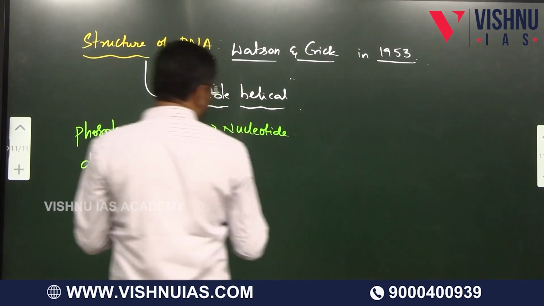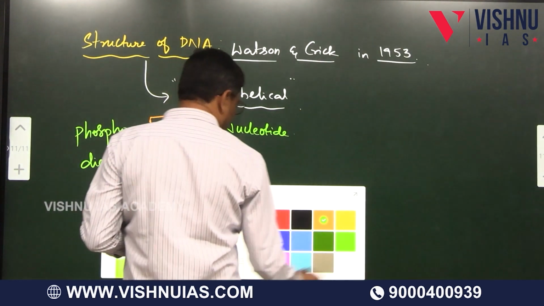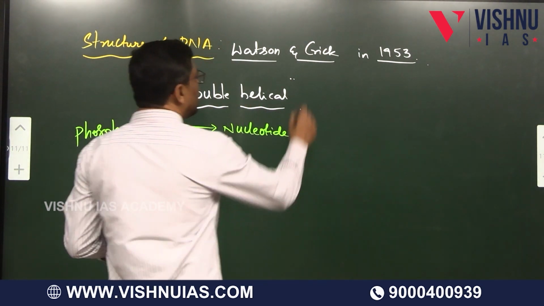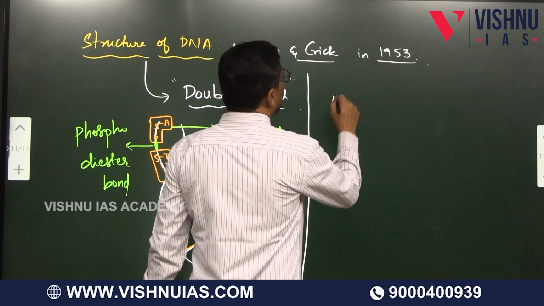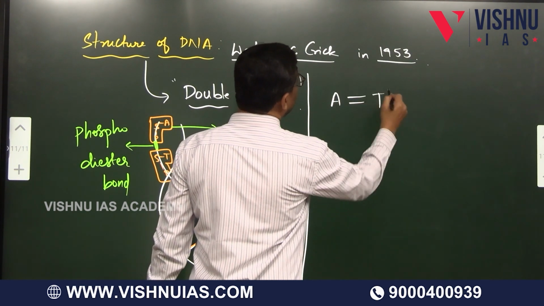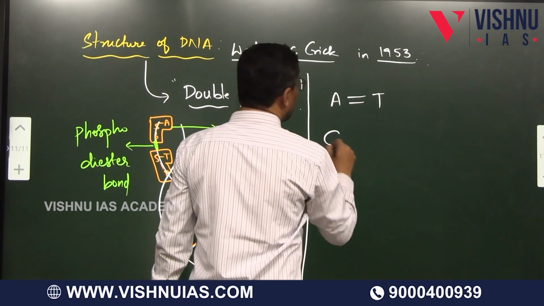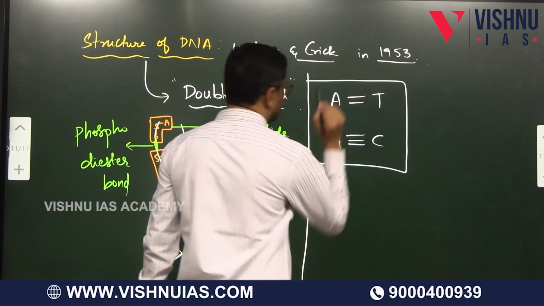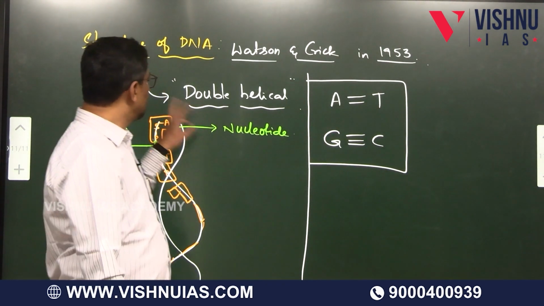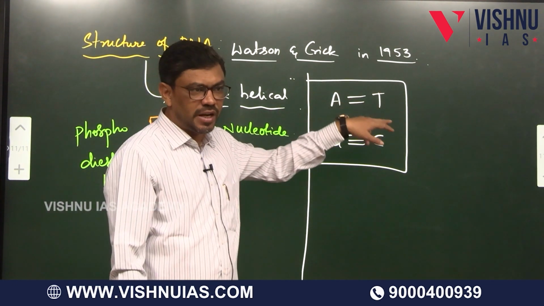And here another point you have to remember: in DNA, complementary base pairing is there. Complementary base pairing means adenine pairs with thymine by 2 bonds, guanine pairs with cytosine by 3 bonds. This you have to remember. This is called base pairing.